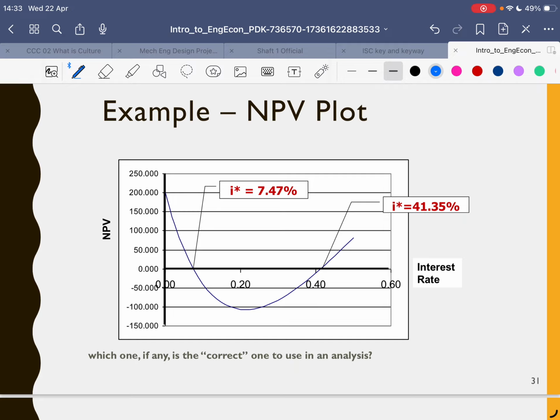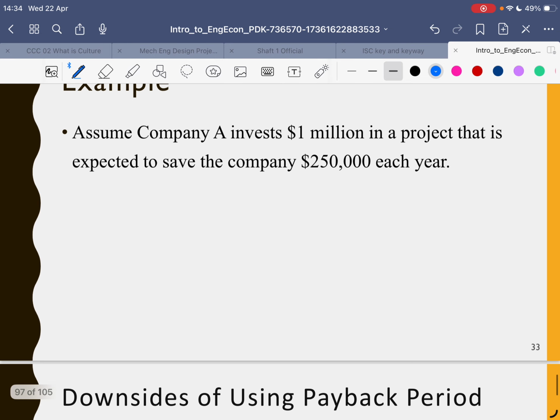The payback period is calculated by dividing the amount of investment by the annual cash flow. It's very simple, something like this. You invest $1 million, and it gives you $250,000 a year.